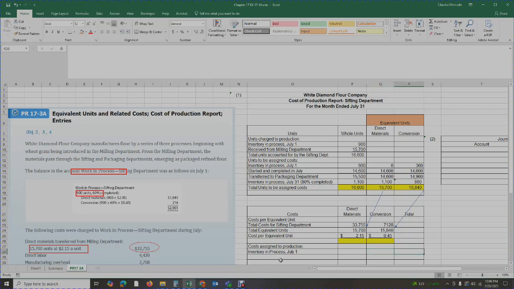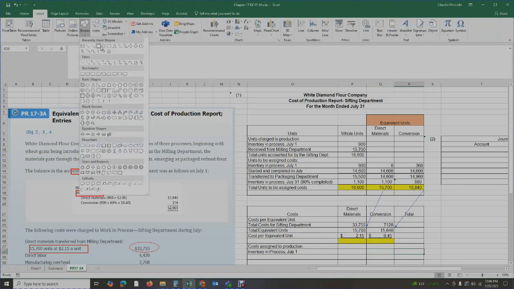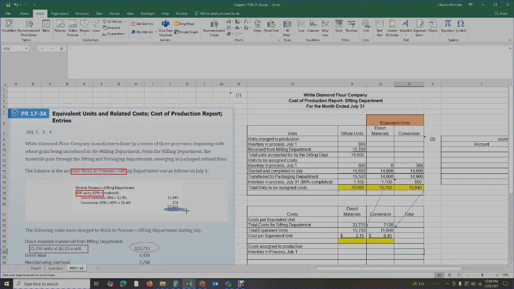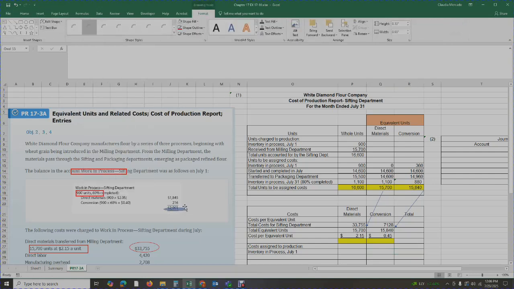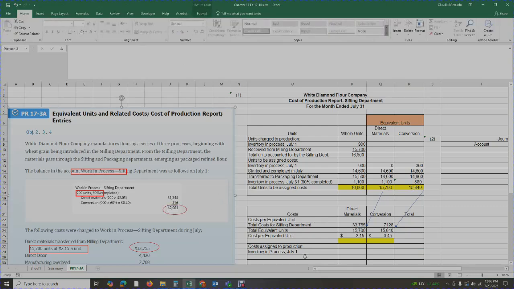So the inventory in process July the 1st, the cost is provided to you. It's $2,061. So my inventory in process, my cost is $2,061.